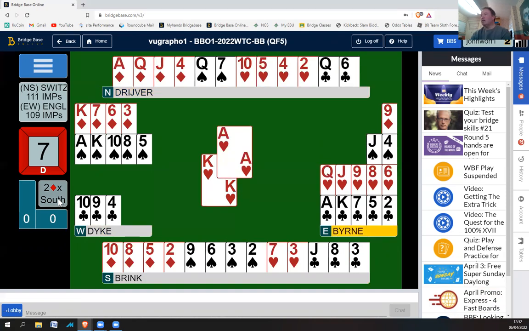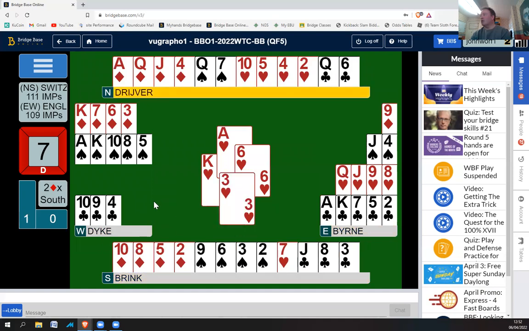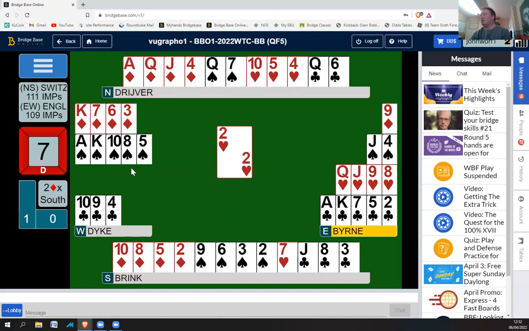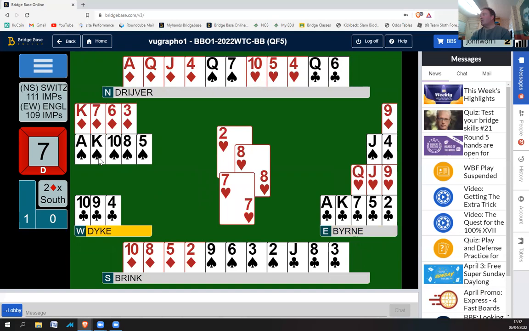Here Salp is in 2 diamonds doubled, and they're likely to lose 2 spades, 2 clubs. Not sure what's gone on here.